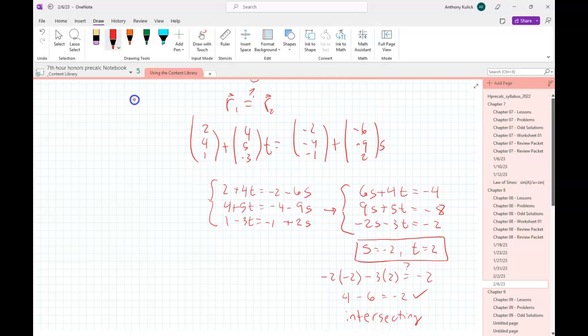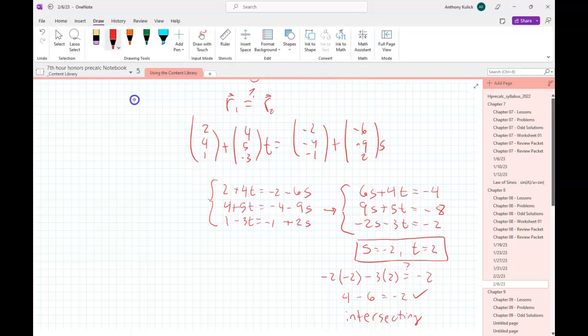These two lines intersect. How do I find their point of intersection? All right. How do I find the point of intersection then?